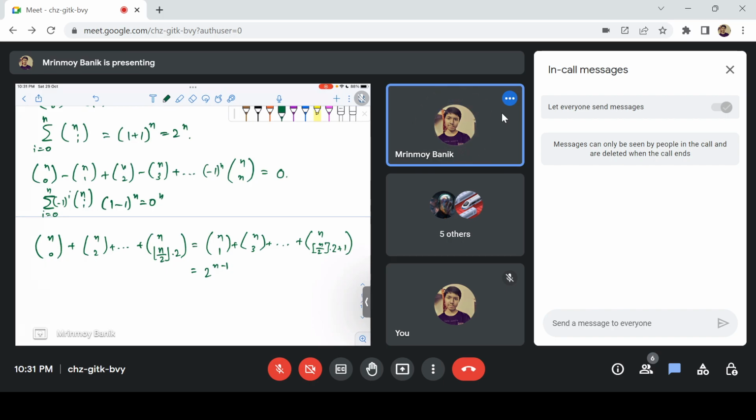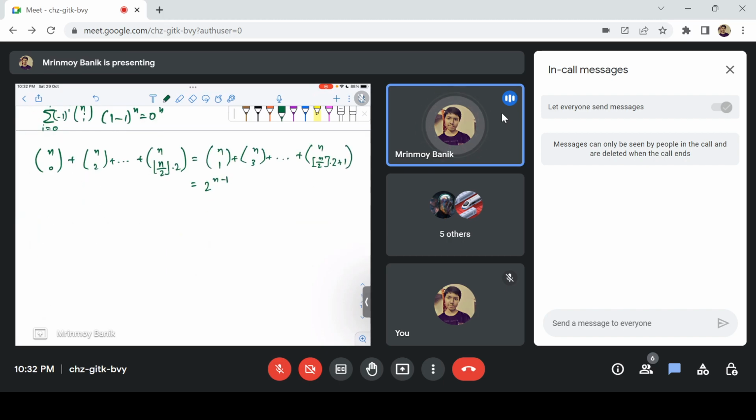For this, you actually need a bit of complex numbers. So I'm just showing the proof as a formality.